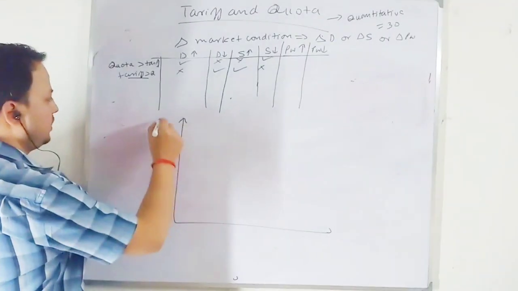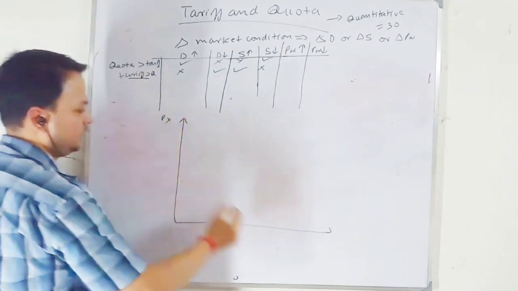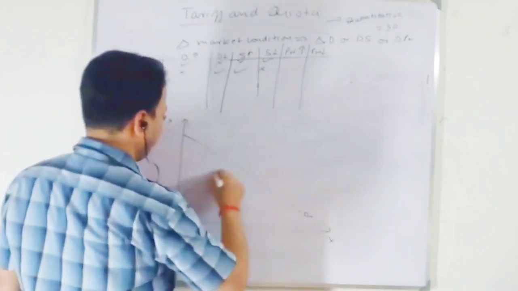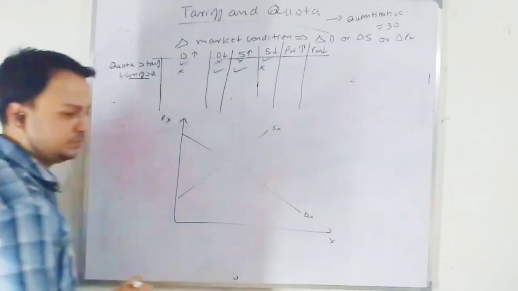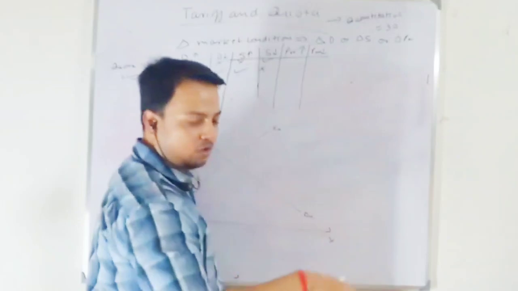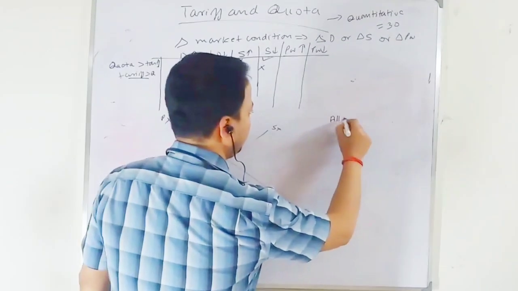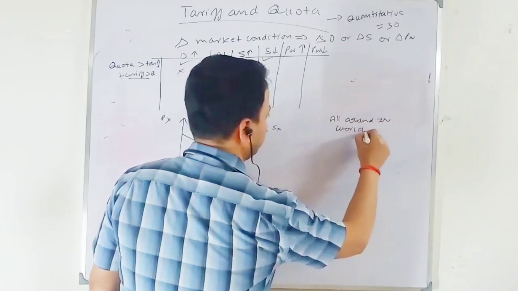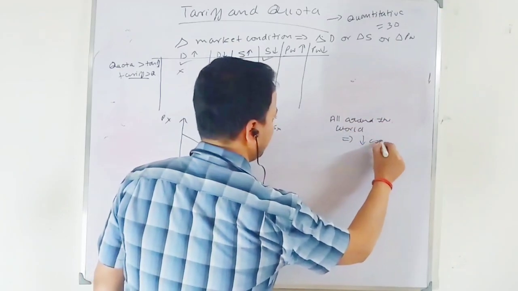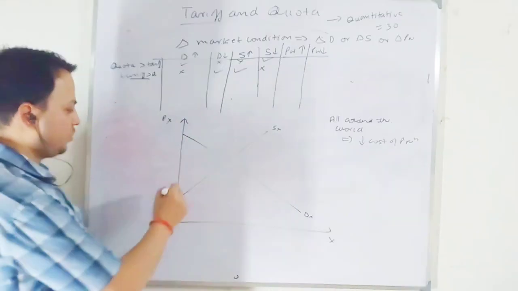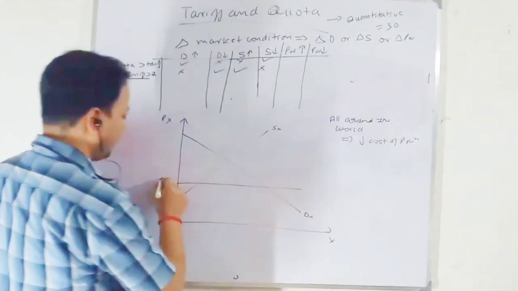Say here the price of good X, this is X, this is demand of X, this is supply of X. Suppose overall around the world there is a decrease in cost of production.